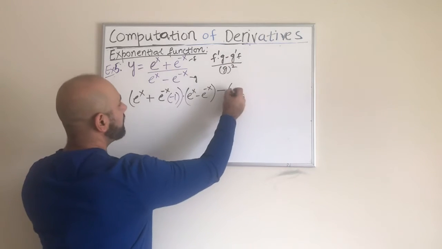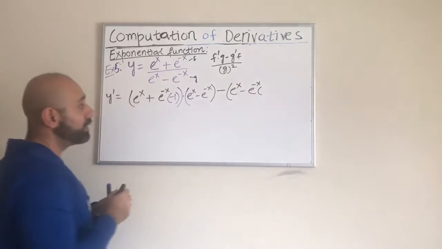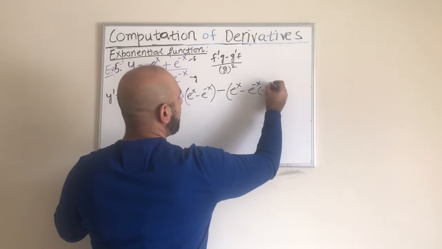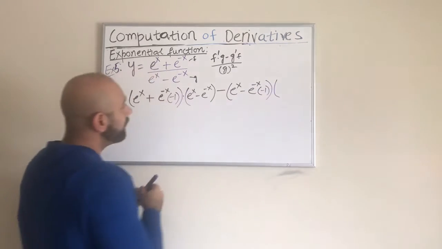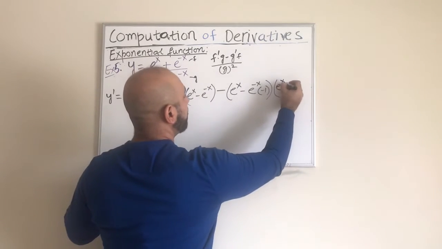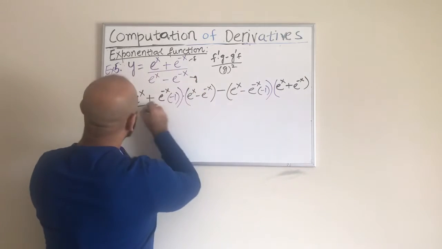Again, e to the power x is e to the power x minus e to the negative x. I have to multiply this by the derivative of negative x, which is just -1, right? And then close the parentheses, and then times, I multiply this by the f function, which is e to the power x plus e to the power negative x. That takes care of the whole numerator.